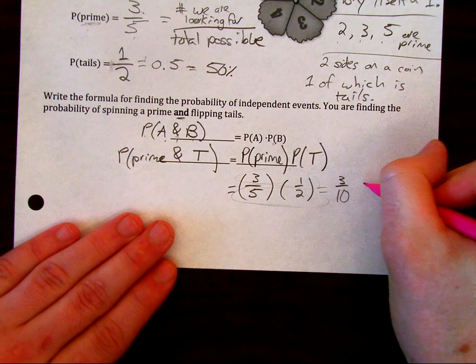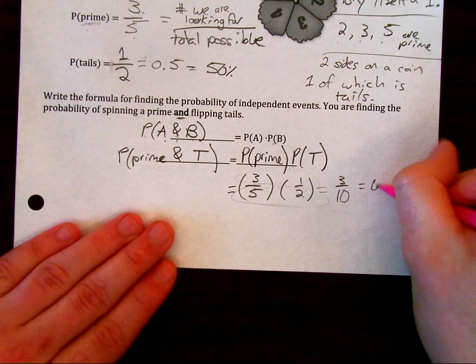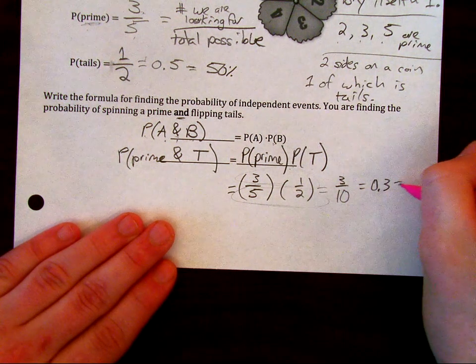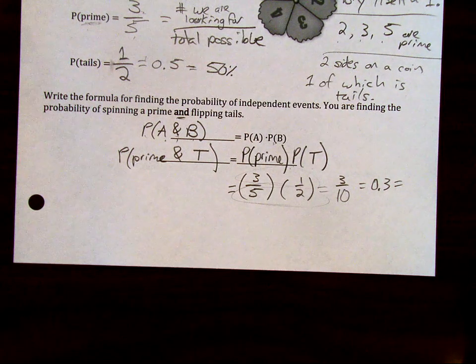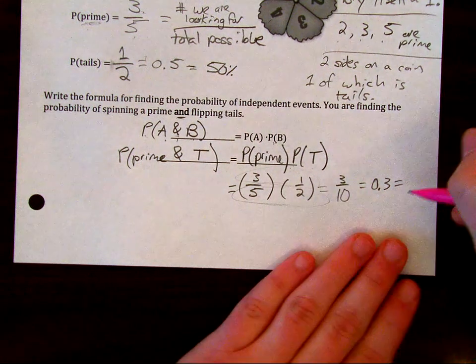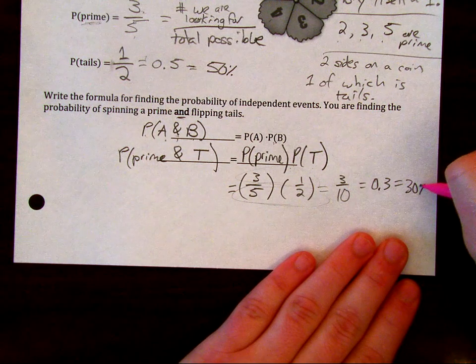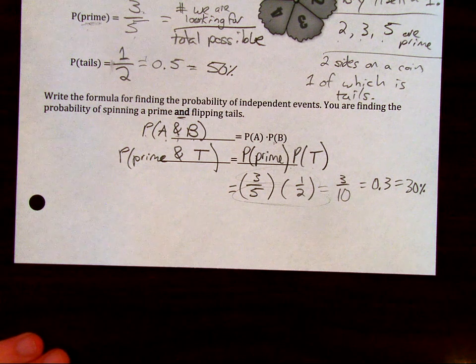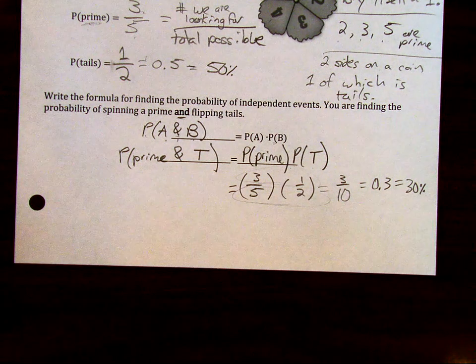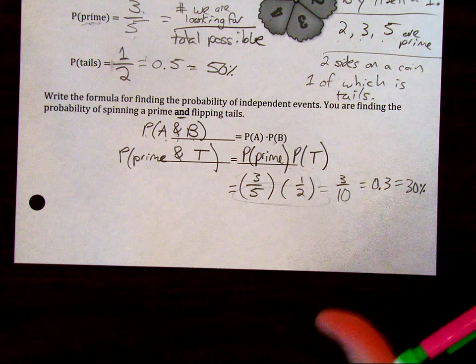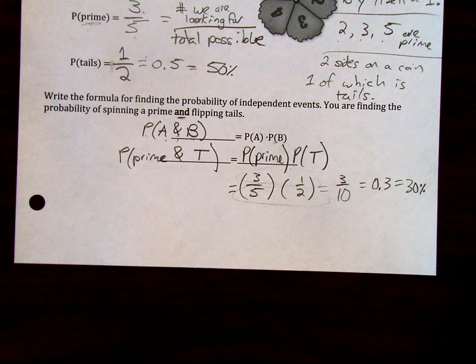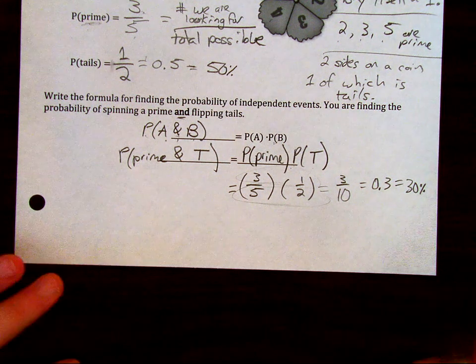The decimal is going to be 0.3. And how do we change from a decimal to a percent? All right, so we say 30%. Very good. So all you're saying is the probability of spinning a prime and flipping a tails. Again, those events are occurring at the same time. That probability is 30%.